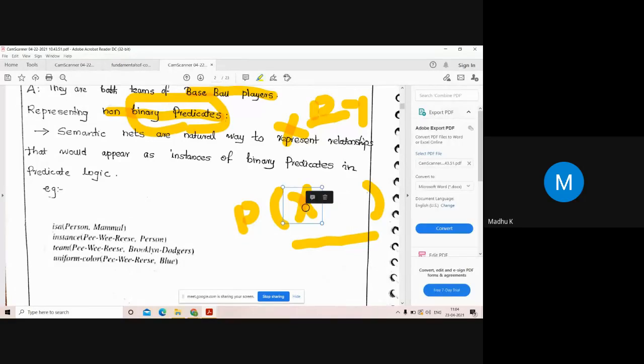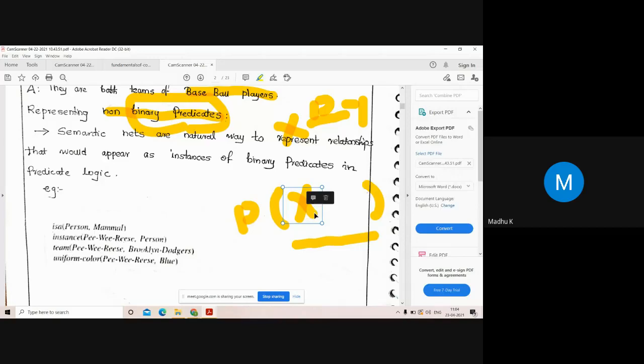For example, here only one symbol is there in the predicate expression. So this is a non-binary predicate.